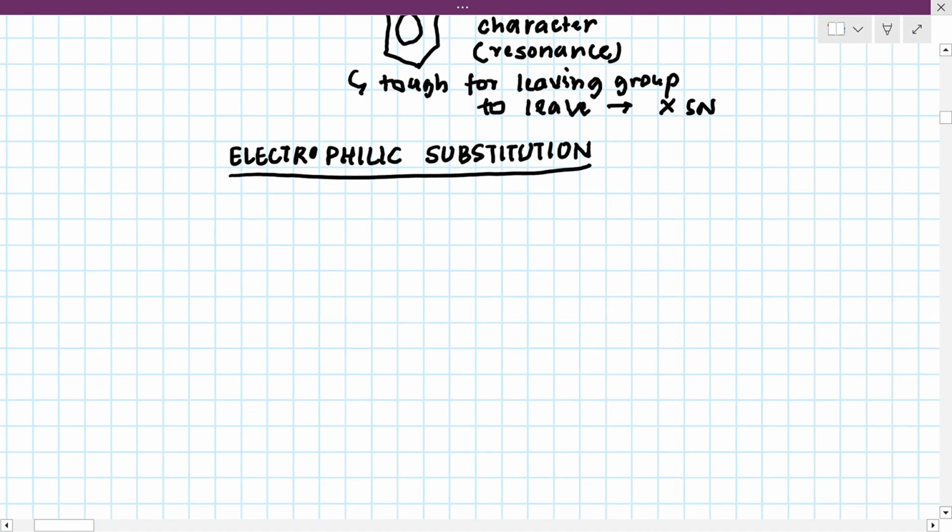What is an electrophilic substitution? First of all, what is an electrophile? An electrophile is a positive addendum. We know what an electrophile is. It is a positive addendum. What is the role of the positive addendum? How does electrophilic substitution happen? First, we have halogenation in this.